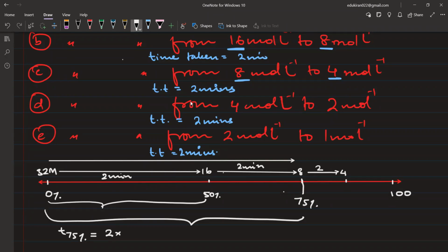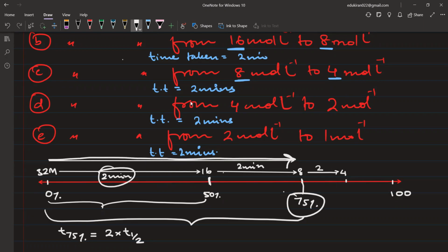Twice of t half. Can everyone see that? Till 50%, it was taking 2 मिनट्स, t half आपका 2 मिनट्स था. 75% कंप्लीशन के लिए देखिए पूरा कितना टाइम लग रहा है, 4 minutes. So t 75% is equal to twice of t half.